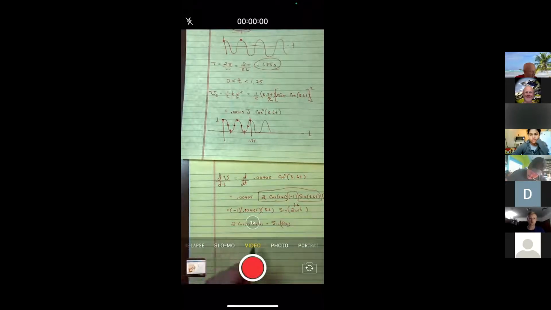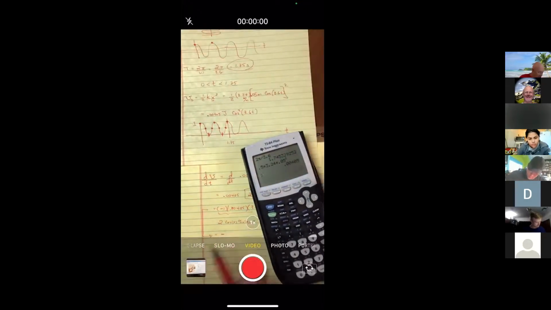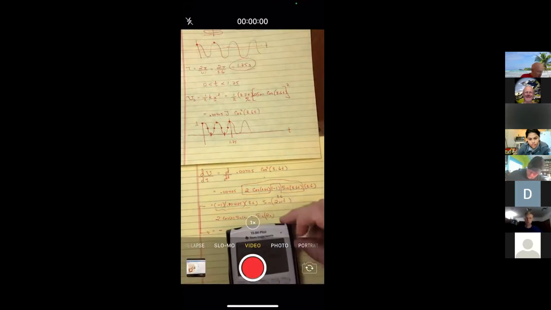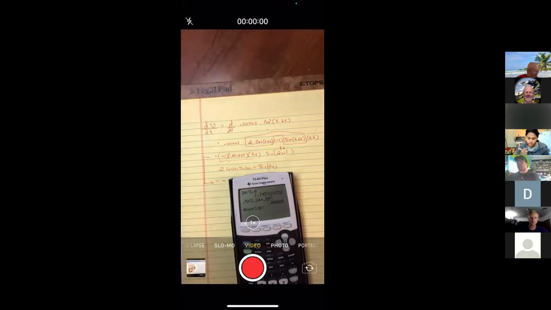So with that in mind, I could then, and maybe I should put all this together here. So this is a negative, and so that's 0.00405 times the 3.6.